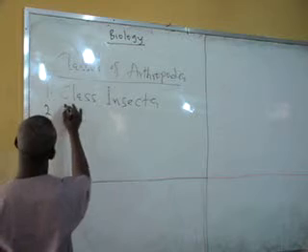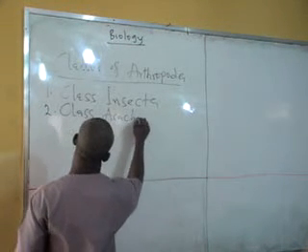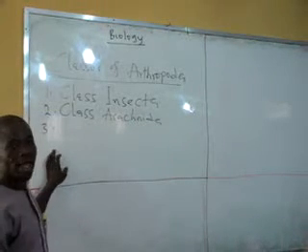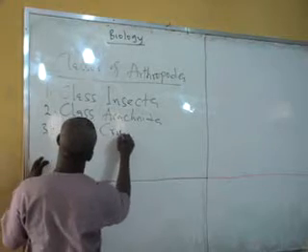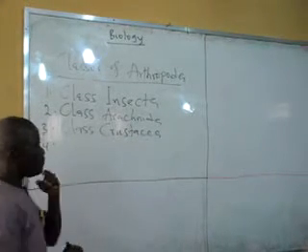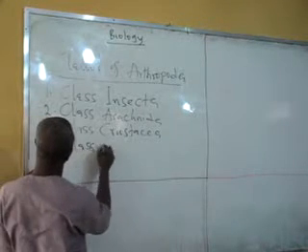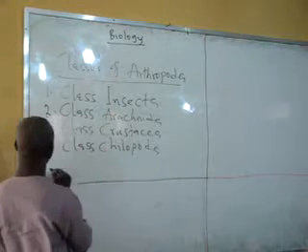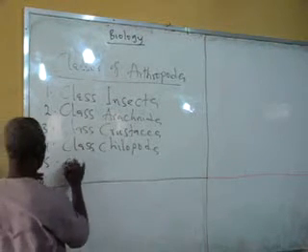Then we have the class Arachnida. Then three, we have class Crustacea. And four, we have class Chilopoda, and we have the fifth class Diplopoda.